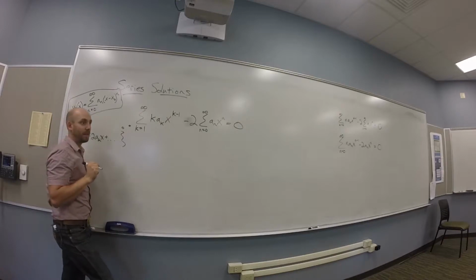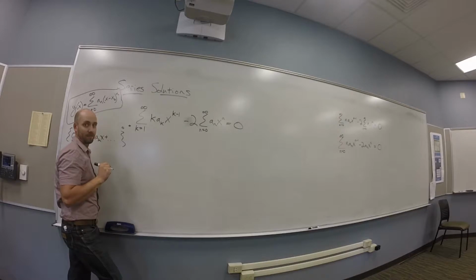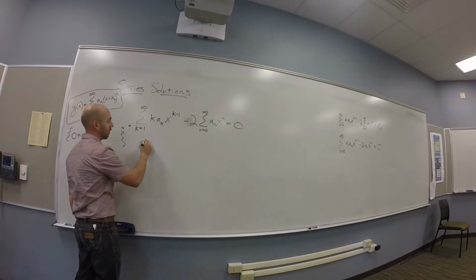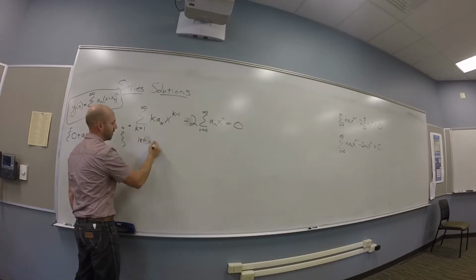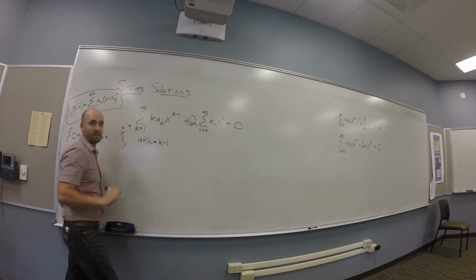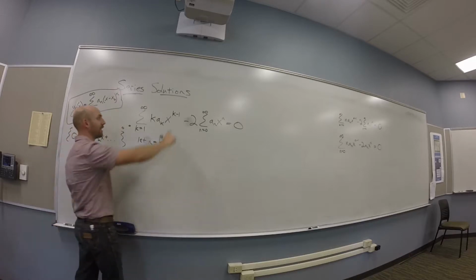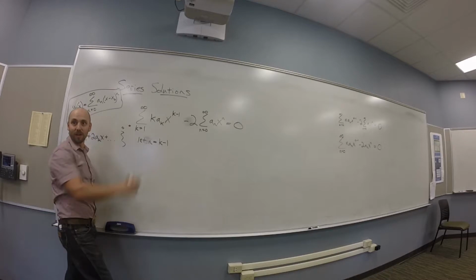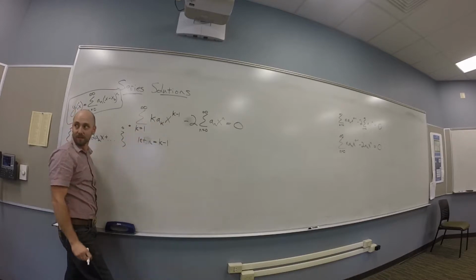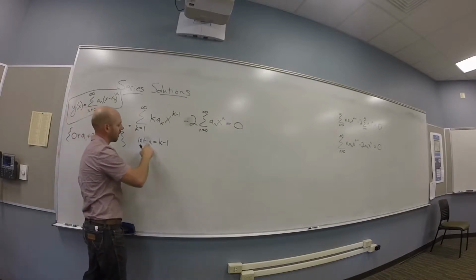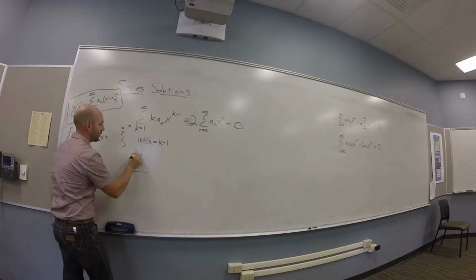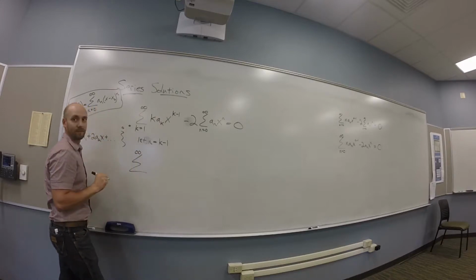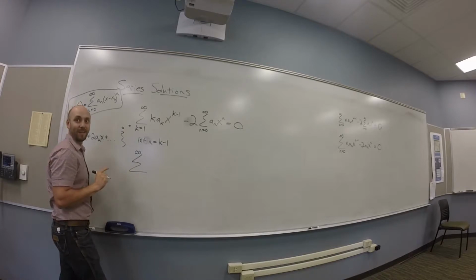And then I can make a substitution. So I want to let n equal k minus 1, because I really would rather have an x to the n there, so that I could put those things together. See that? So if I let n be k minus 1, then I have the sum from infinity minus 1, which is still infinity.